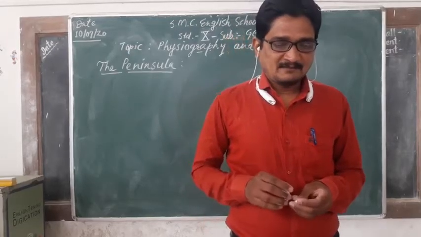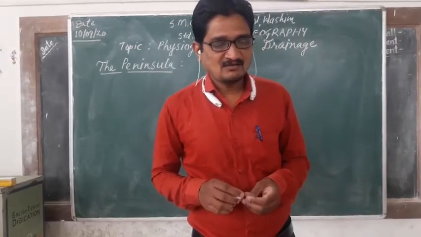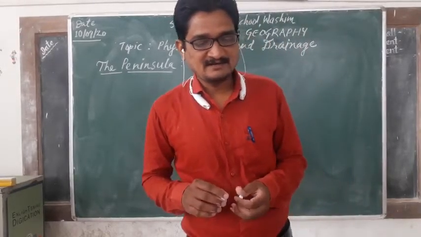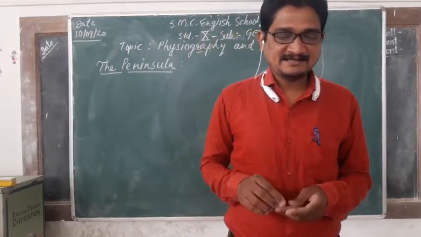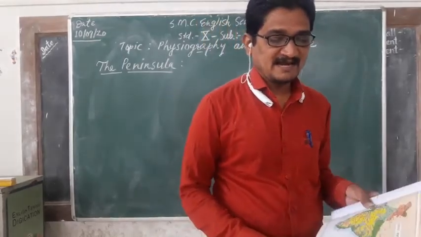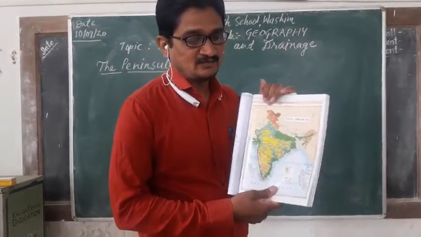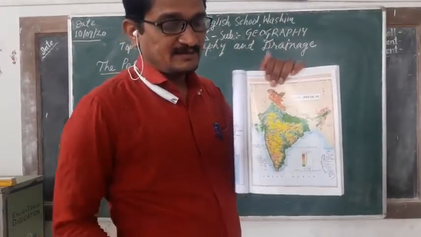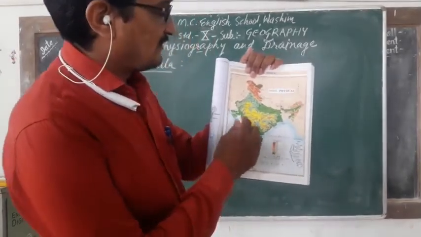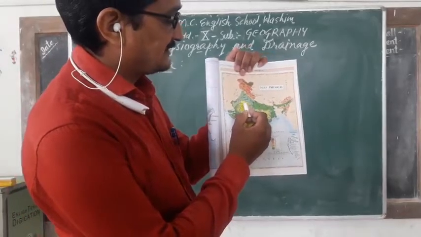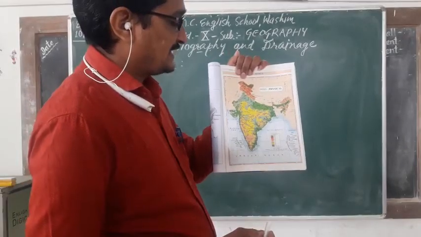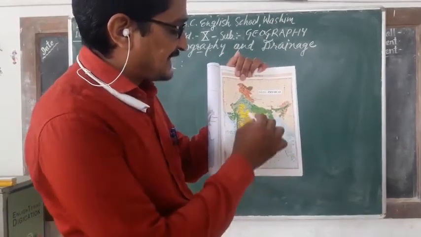Okay, the peninsula: the area lying to the south of the North Indian plains and tapering towards the Indian Ocean is called the Indian Peninsula. See again, the area lying to the south of the North Indian plains, which are in the center of our country. On the south side of the Northern plains, the area is tapering down.